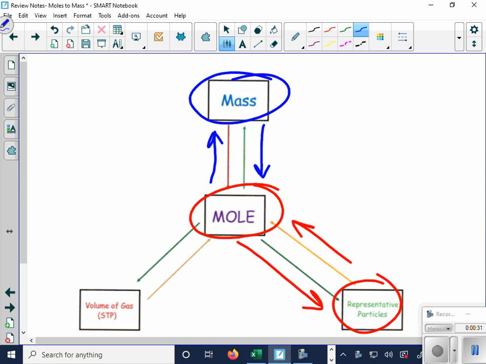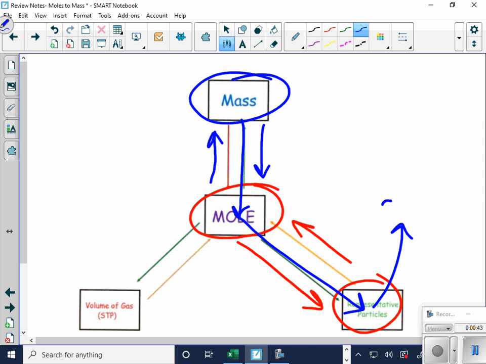Now, let's think about this. Could I go from mass to moles, moles to representative particles, and then whatever that is to atoms? Yeah, so here is one step, here's two steps, here's three steps.